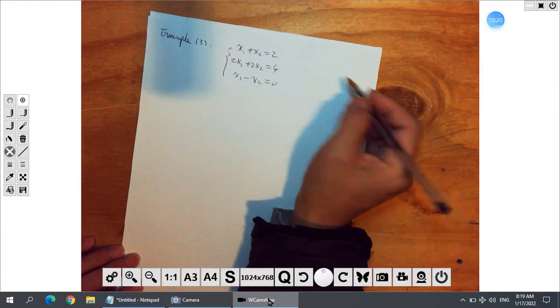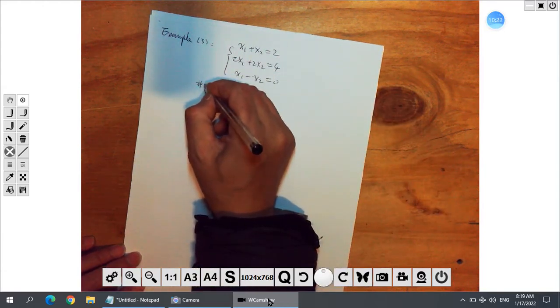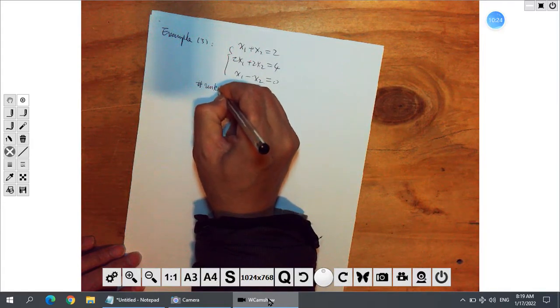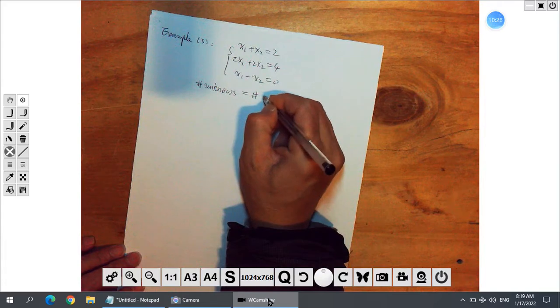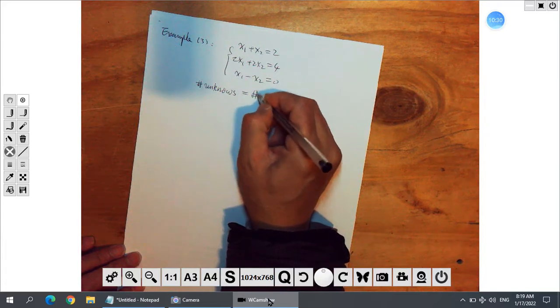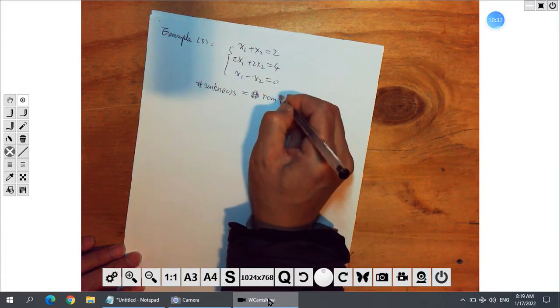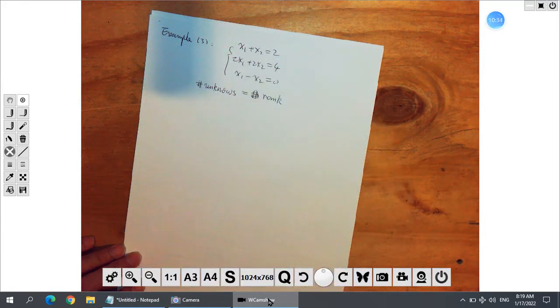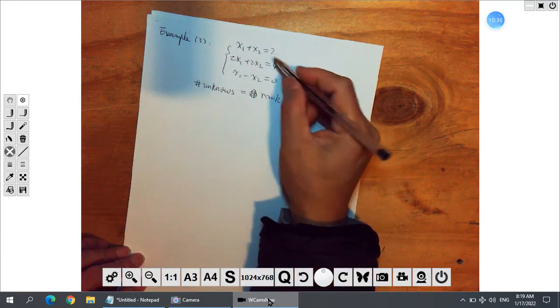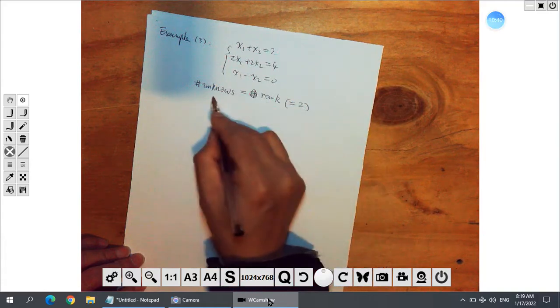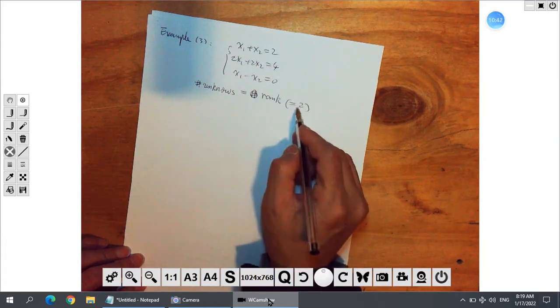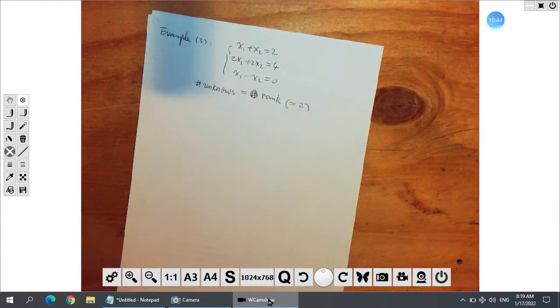So in this case, I will say the number of unknowns is equal to the rank, because we have 3 equations, but the rank is 2. Both the number of unknowns and the rank are 2.